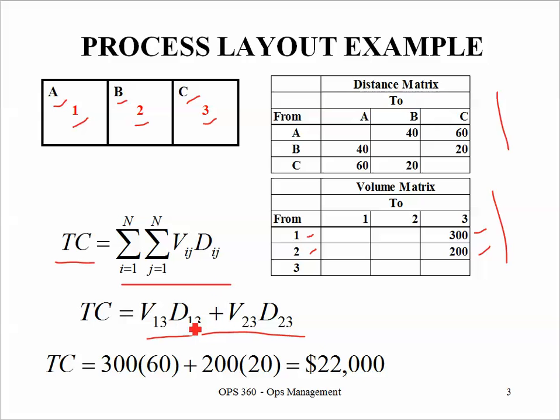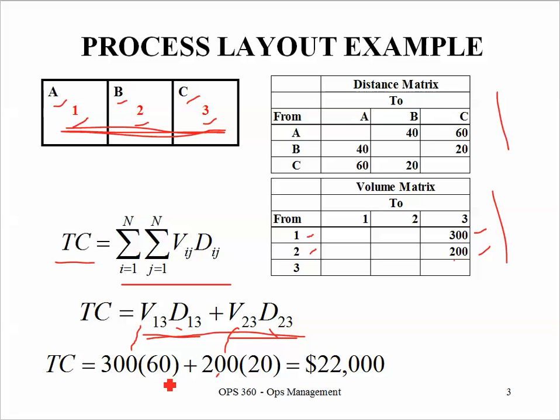So I write out the equation for the pair of departments from 1 to 3 and from 2 to 3, and I see that the volume going from 1 to 3 is 300, and the volume going from 2 to 3 is 200. And then I just have to fill in, based upon this assignment of work centers to rooms, the distance from 1 to 3 and the distance from 2 to 3.